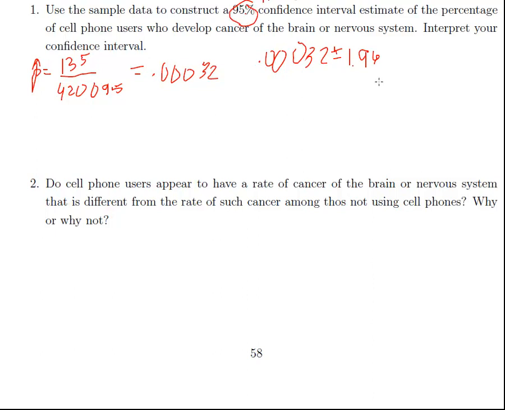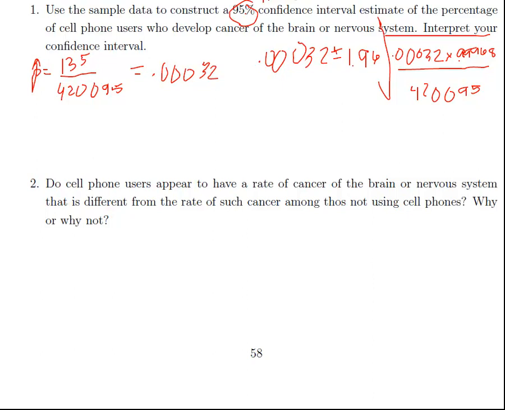And then I take the square root of 0.00032 times 0.99968, and then I divide that by the sample size, which is 420,095.